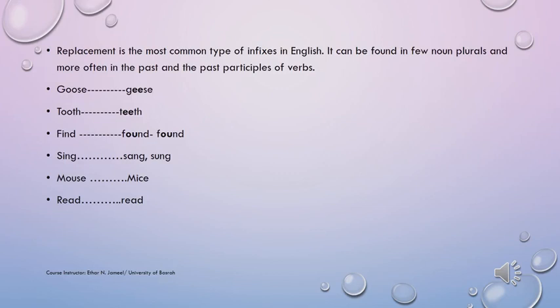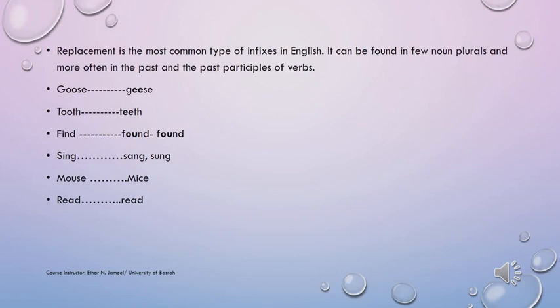Let's look at geese. Geese is a word. How many morphemes do we have in this word? In fact, we have two. The word geese consists of two morphemes.